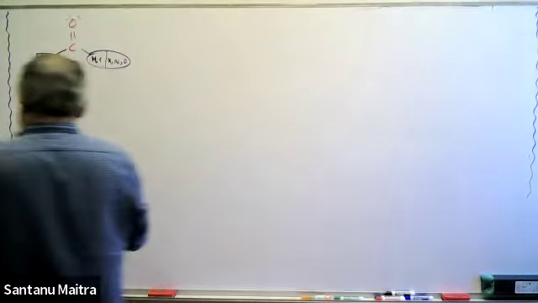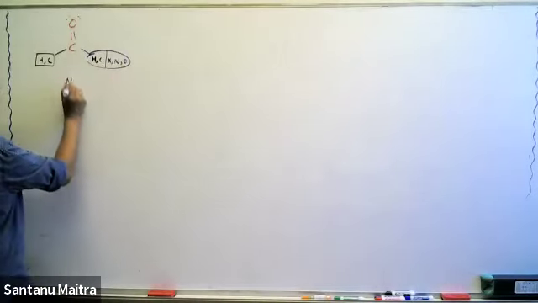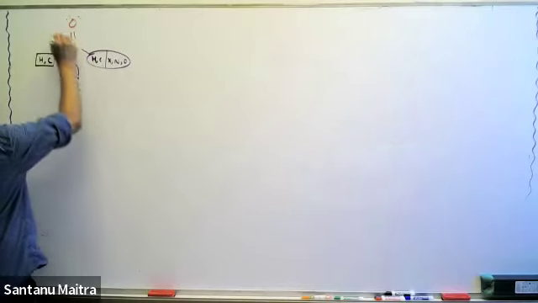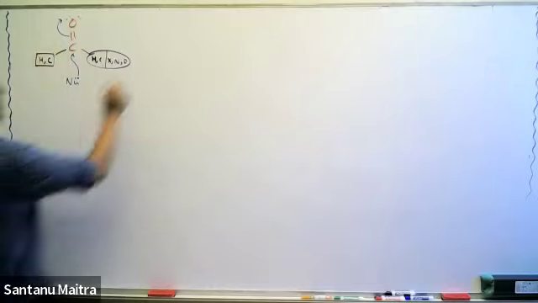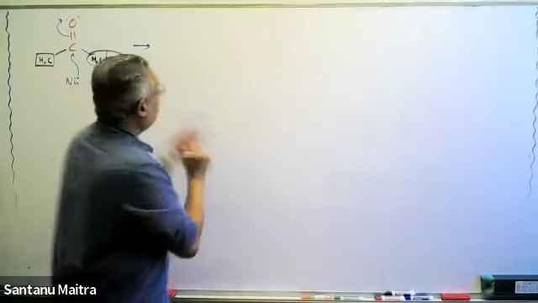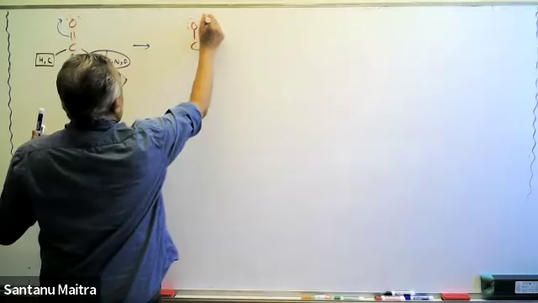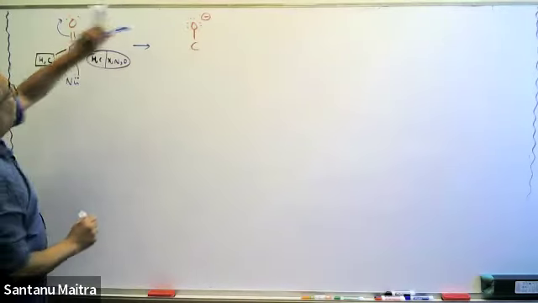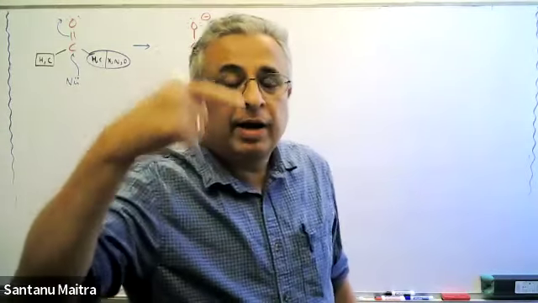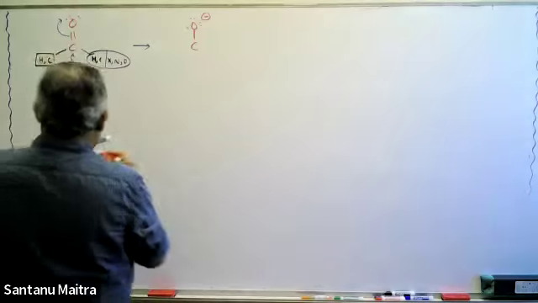Okay? Then what happens is a nucleophile can come and attack the carbonyl, goes up, produces the tetrahedral intermediate. Okay, 3 lone pairs, 1 extra, that makes the oxygen have an extra electron, therefore it becomes negative. Okay.